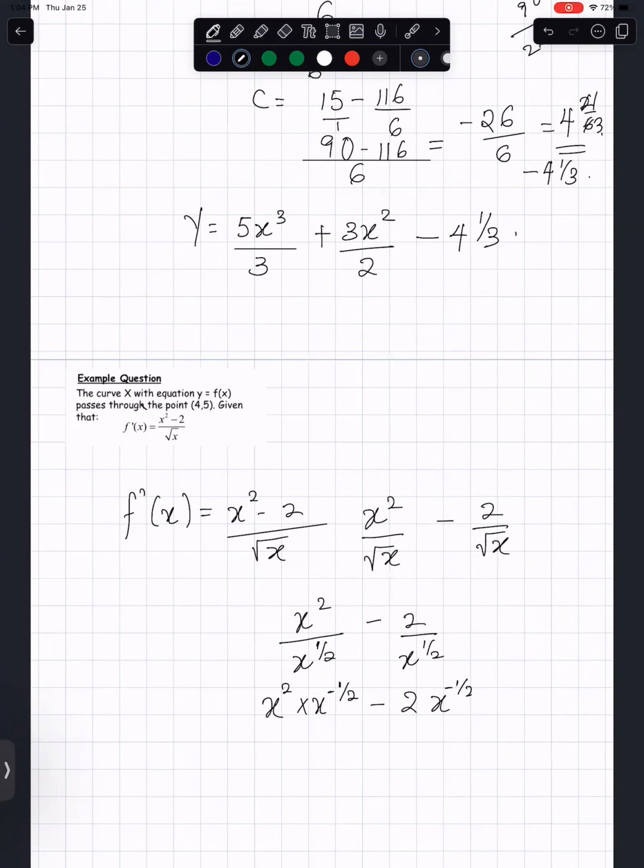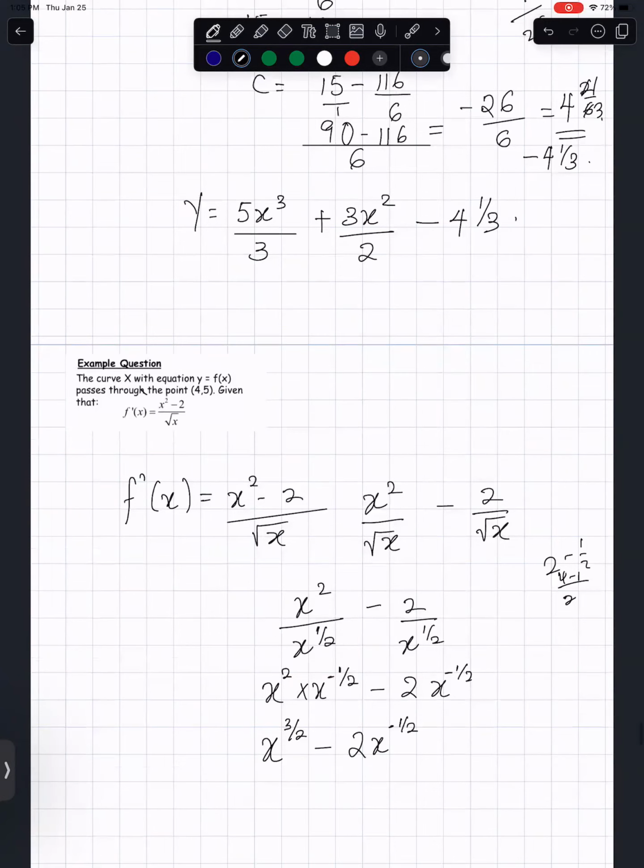We'll combine this together. This is 2 plus minus half, that's 2 minus half, which gives us 4 minus 1, which is 3 over 2. So I have x raised to the power of 3 over 2 minus 2 x raised to the power of minus half. So integrating, I will have to add 1 to this and add 1 to this. So 3 over 2 plus 1 will give us 5 over 2.